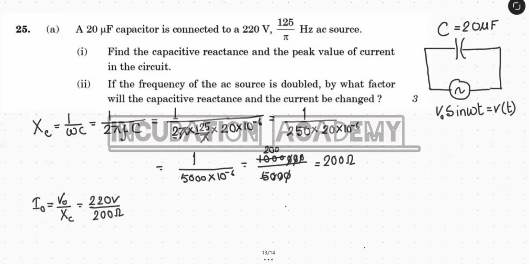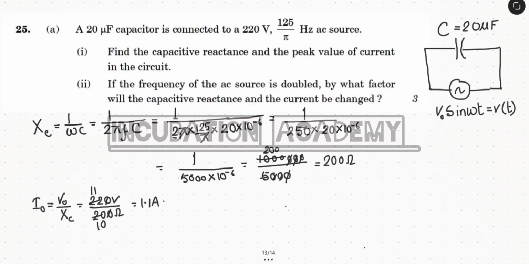The zero cancels out, so it becomes 22 by 20, that is 11 by 10, which is 1.1 ampere. So that is the peak value of the current in the circuit.